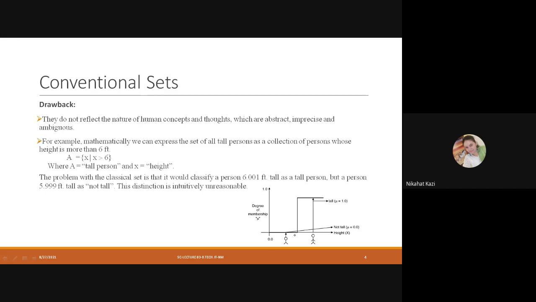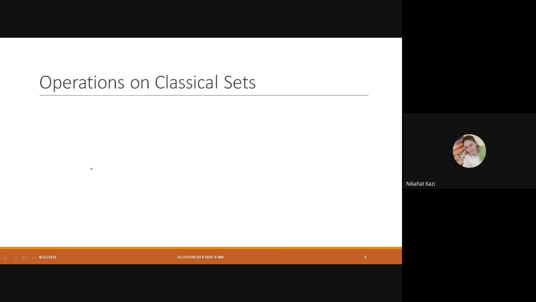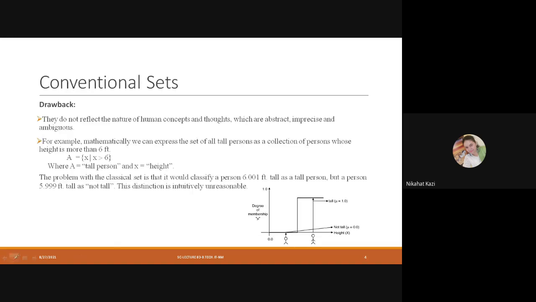What happens is you decide your threshold. You're saying that beyond 6, whichever element is there will be included in the set, right? Whatever is greater than 6, you're going to include it in the set. On that basis, if you plot a graph of the same, on the x-axis you have the height values, and on the y-axis you plot the membership.